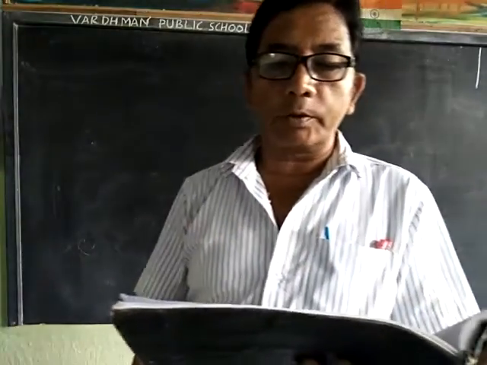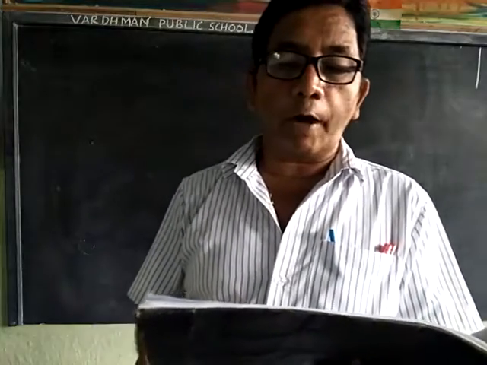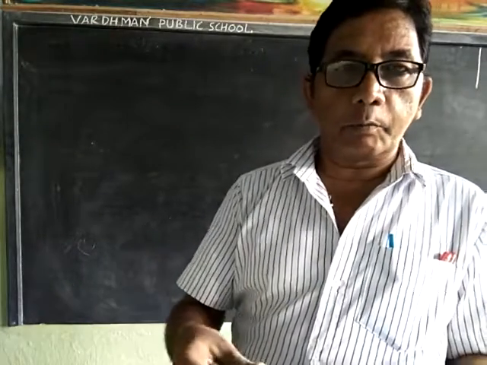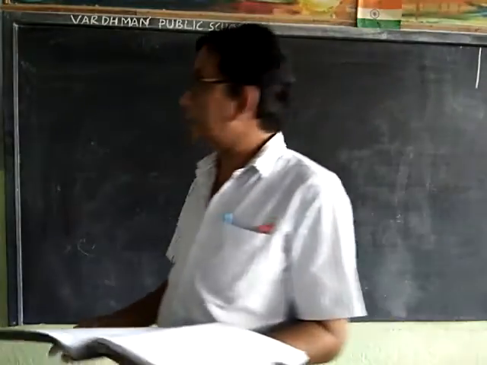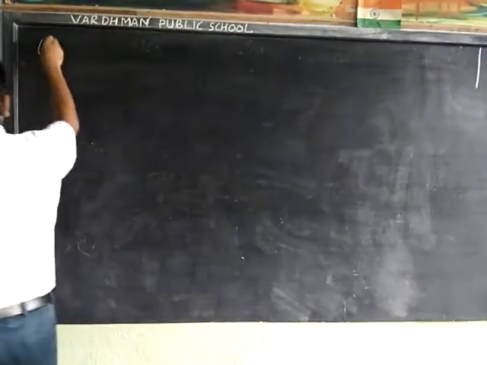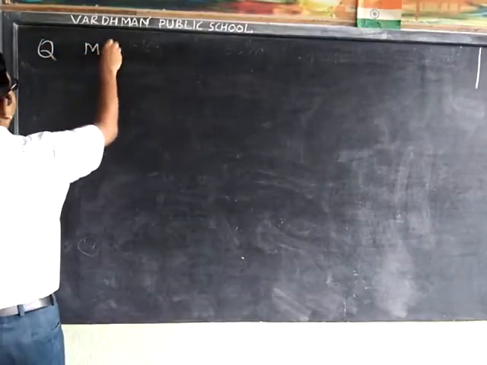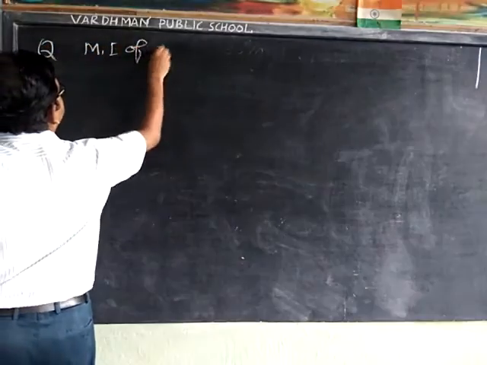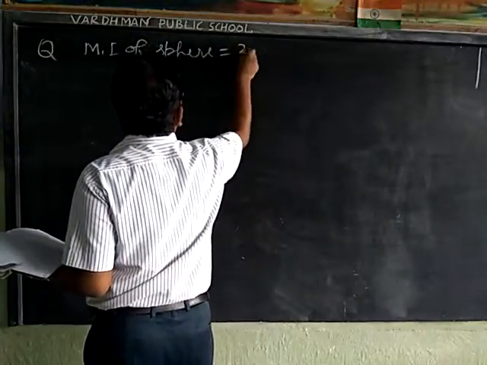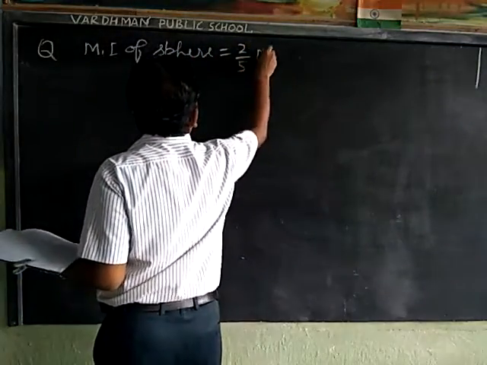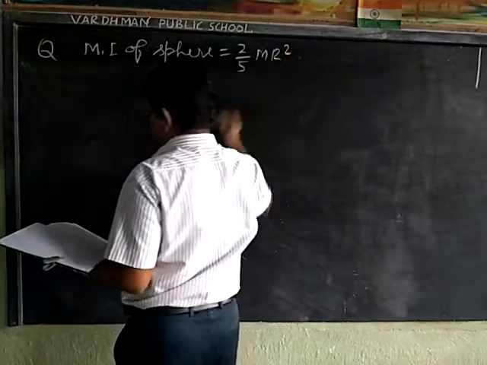Consider the sun to be a sphere of uniform density, and moment of inertia of the sphere is 2/5 m r square.